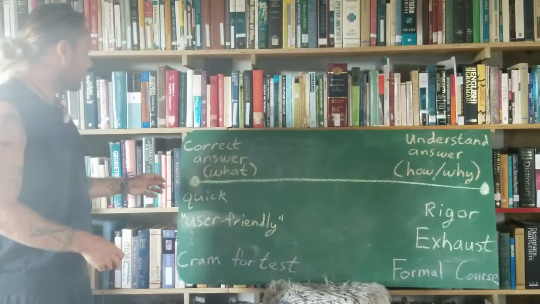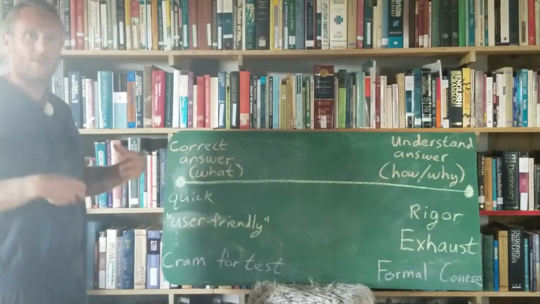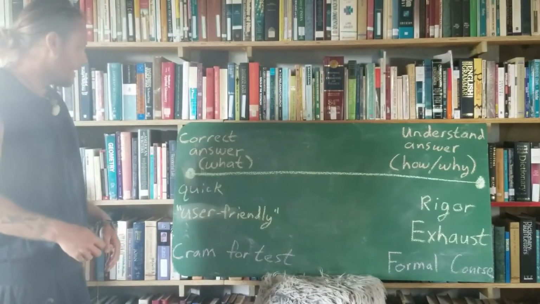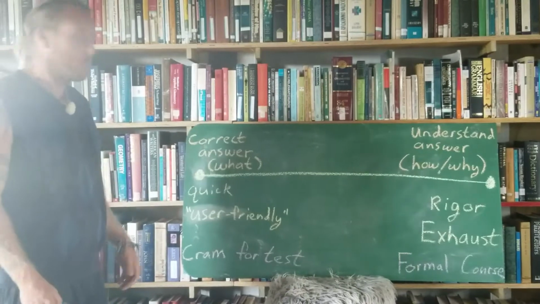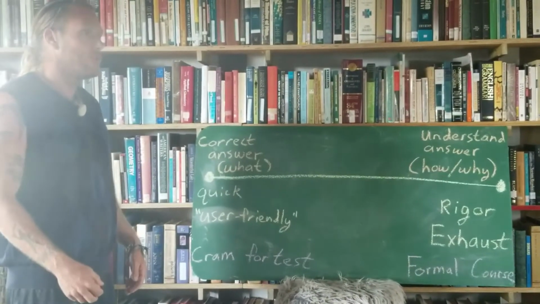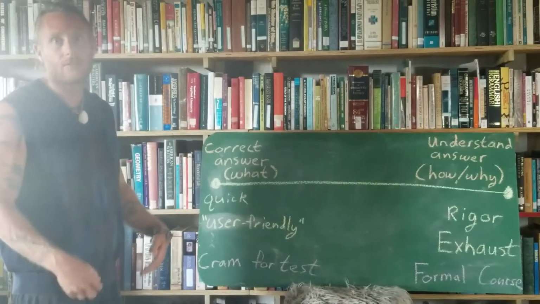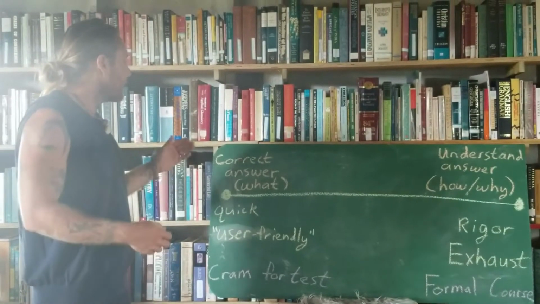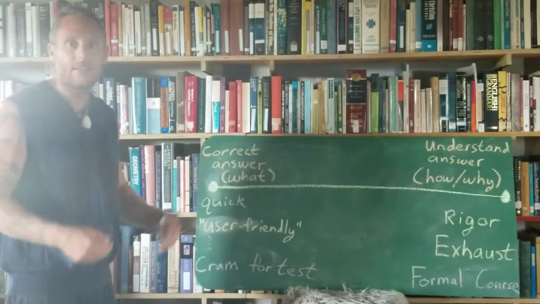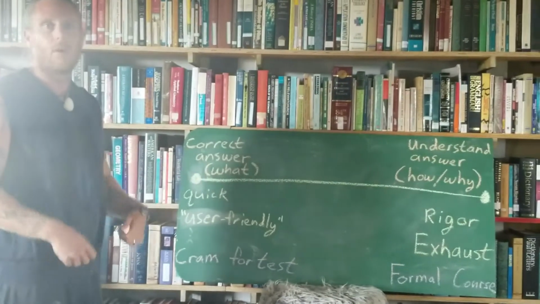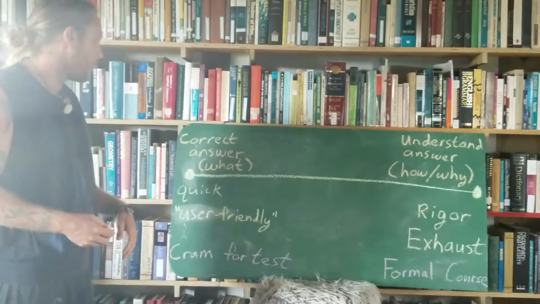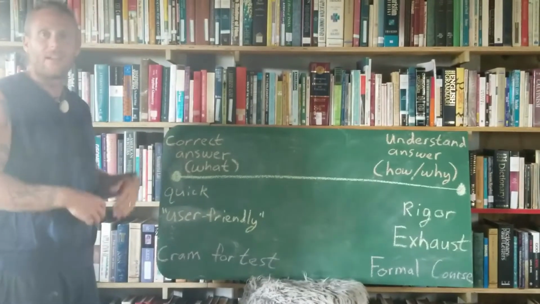At this end of the spectrum, the students or the learners are looking for quick, user-friendly methods to essentially cram for a test or to get a right answer consistently, to get a good score on the test or the course. The focus is more on the correct answer. What is the answer to this problem? What is the solution to this mathematical problem? That's kind of one extreme end.